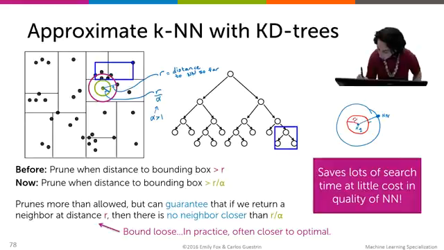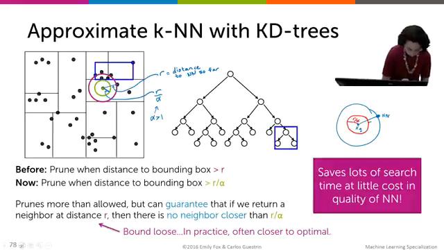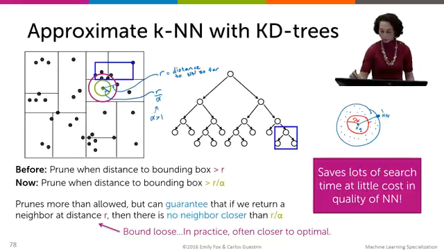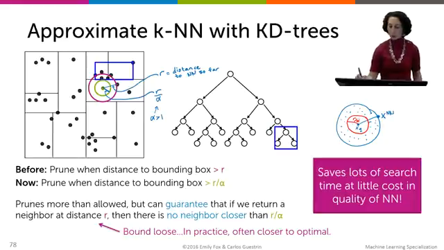If this is R over alpha, then we know that there could be points here. So these would all be data points that were actually closer than the nearest neighbor that we returned. But we know that there's no points within this box. Otherwise, we would have found them, and that would have been our distance to the nearest neighbor. And we're pruning all other things that fall further from that.